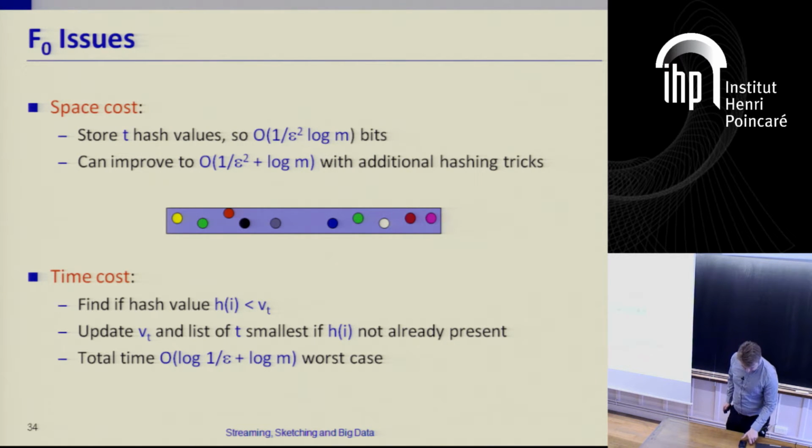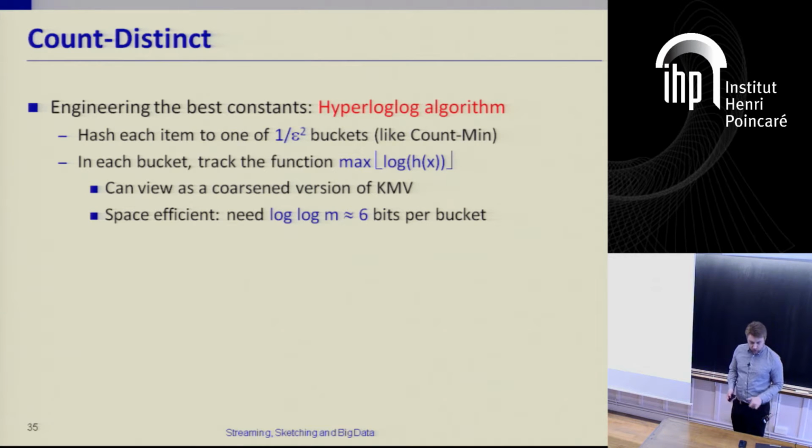Okay. So I'll just say a quick word about how this gets used in practice, because people do often want to count lots of things compactly. It was work by Flajolet that engineered a good version, and that's been engineered further by people at Google and elsewhere to really implement this.